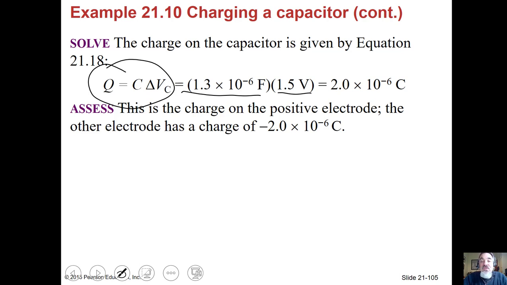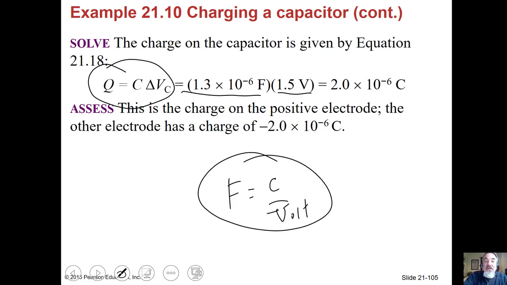So a farad is a coulomb per volt, remember. Coulomb per volt, these are units. This is a variable. Good, so the positive plate has 2 times 10 to the minus 6th, the negative plate has negative 2 times 10 to the minus 6th.